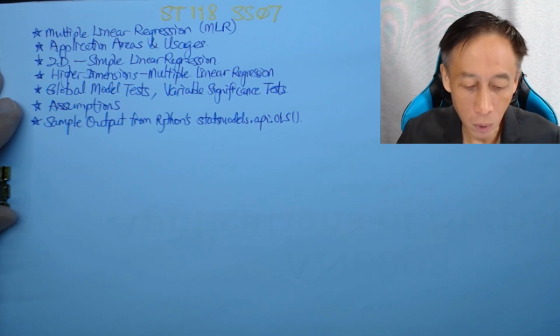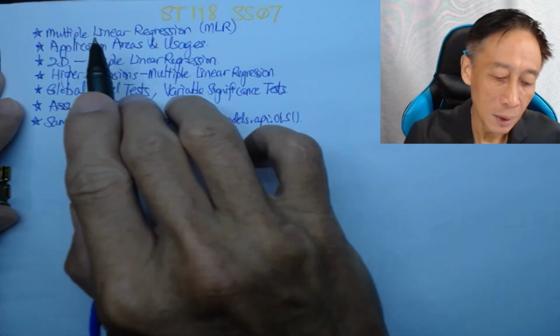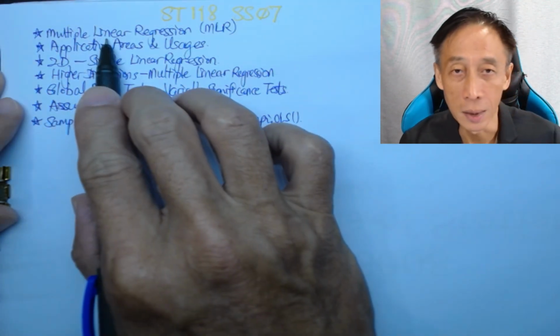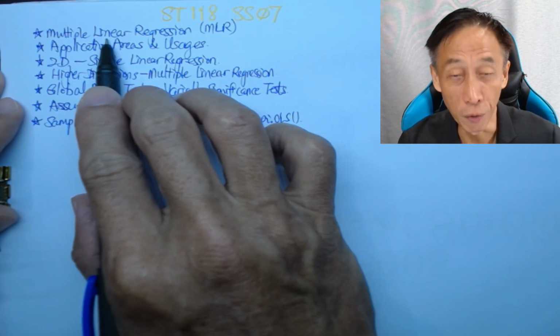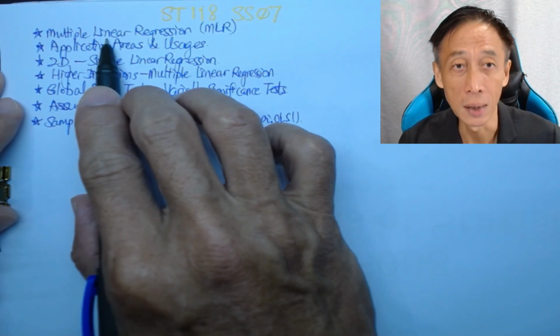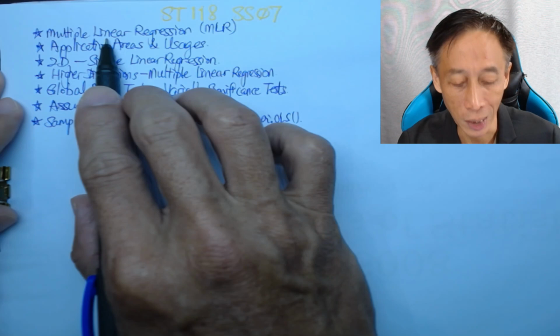But more importantly, in practice, perfectly straight lines may not exist unless it's very artificial.